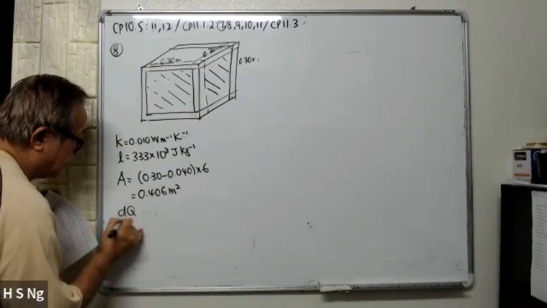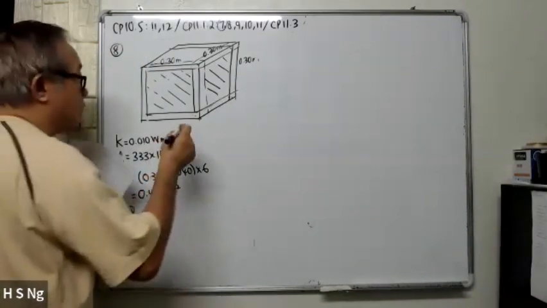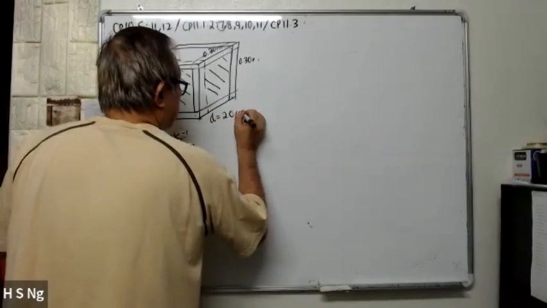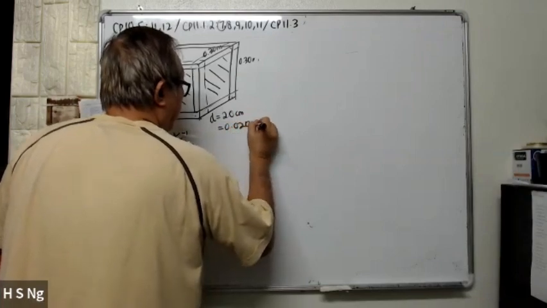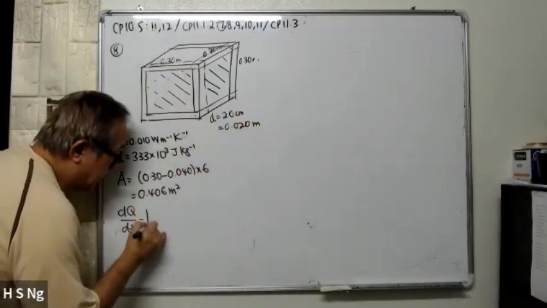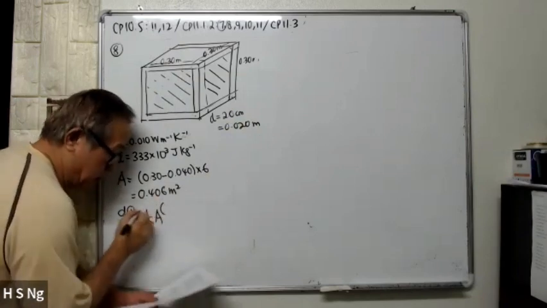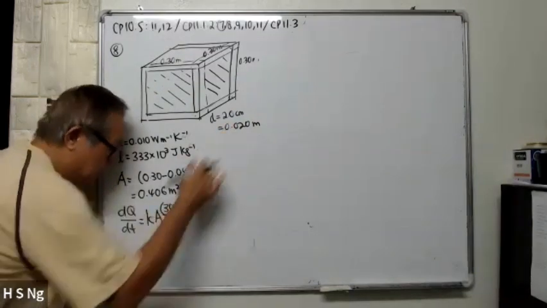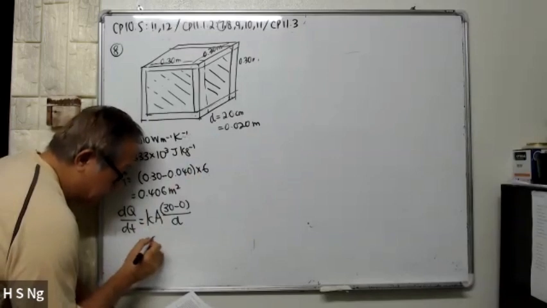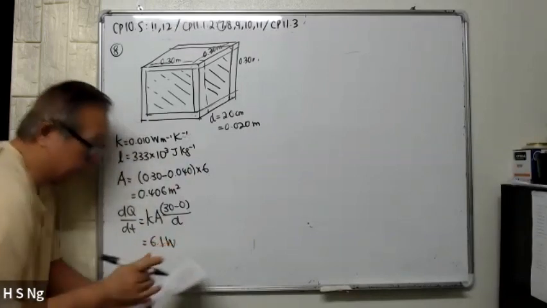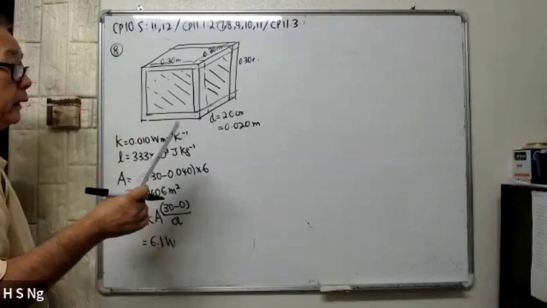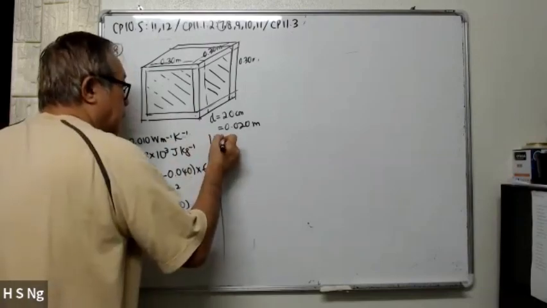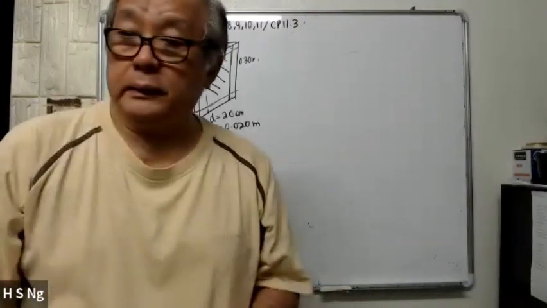So the rate of heat flow. Now the thickness of the wall, of course, is 2 centimeter, which is 0.020. So here is kA, outside temperature minus inside, over d. And this will give you 6.11. Okay or not?